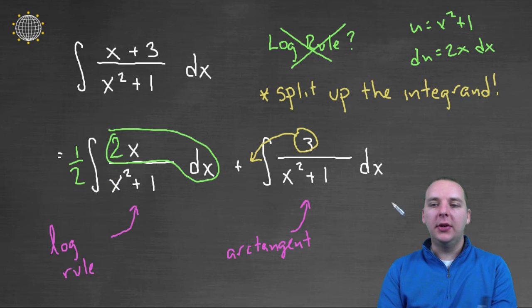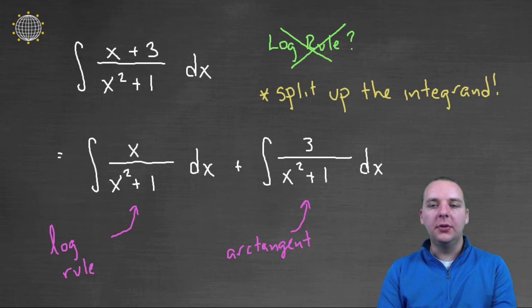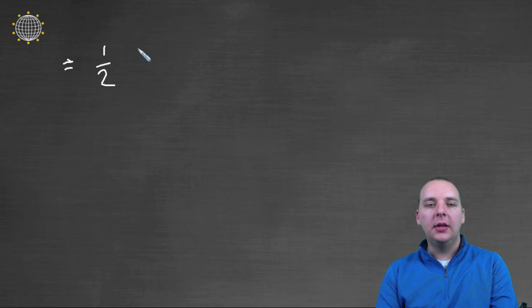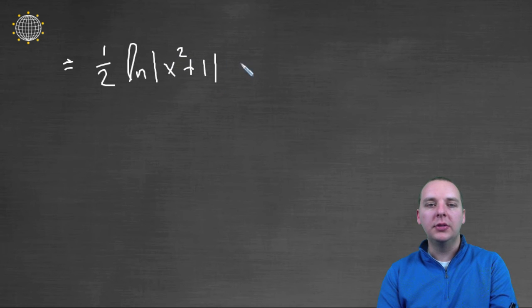So this one's ready to go. Its integral is actually pretty simple. It would be the 1/2 that we had on the outside, and then the natural log of the absolute value of x squared plus 1, of course.